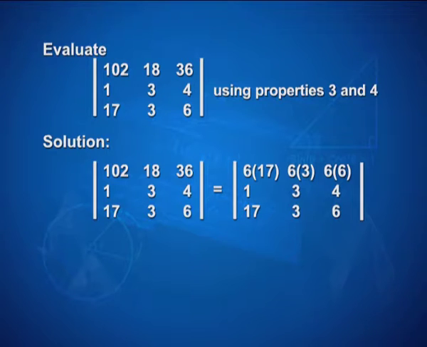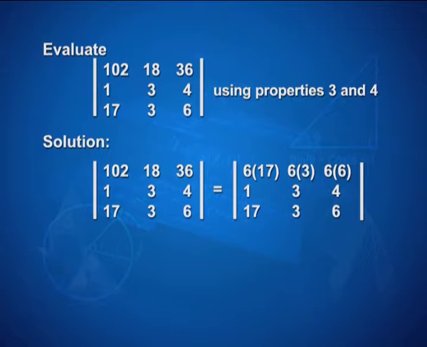For the solution, note that this determinant could be expressed as determinant 6 into 17, 6 into 3, 6 into 6 as the first row, 1, 3, 4 as the second row, 17, 3, 6 as the third row.